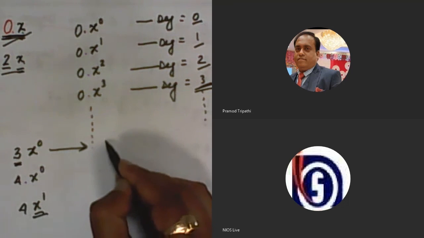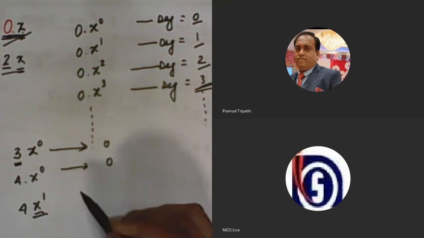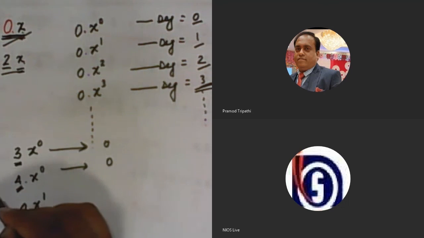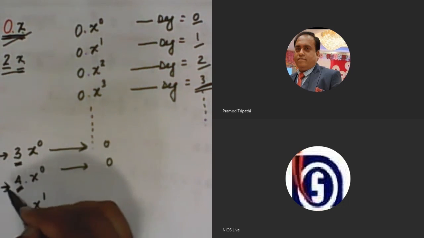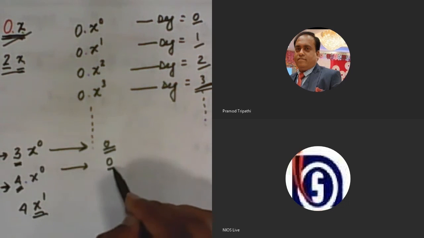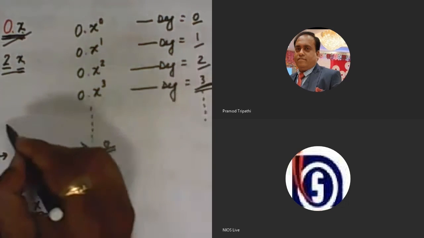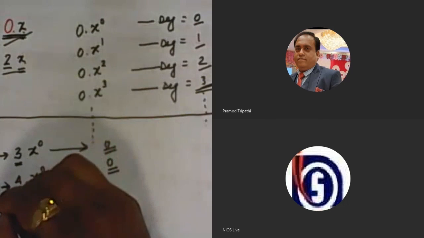So the degree is always 0. Any constant polynomial always has degree 0 here. I think you have understood the degree of the zero polynomial and the degree of the constant polynomial.